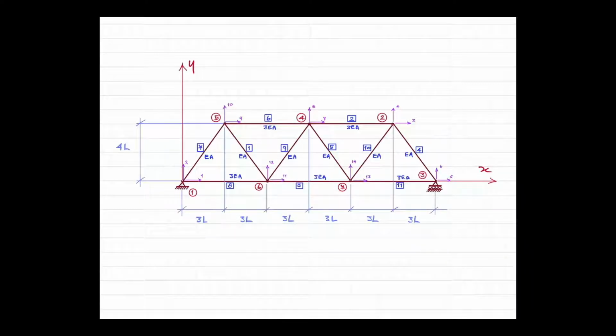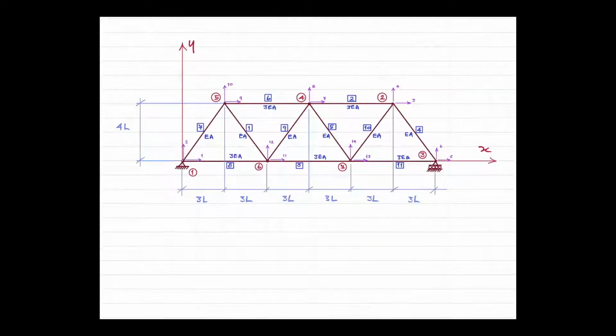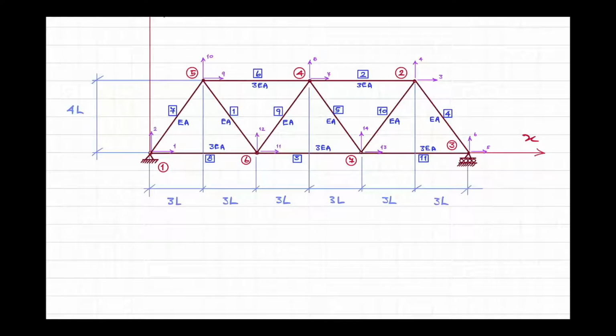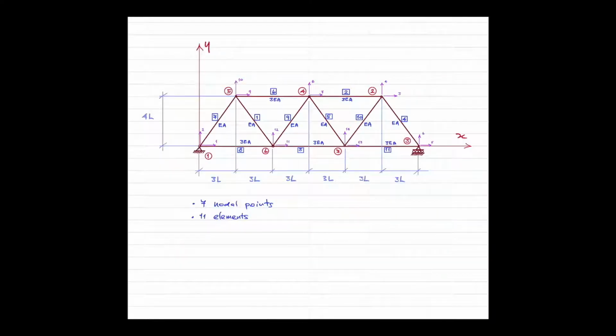So in total you have 7 points. And you have how many elements? 1, 2, 3, 4, 5, 6, 7, 8, 9, 10, 11. Okay.